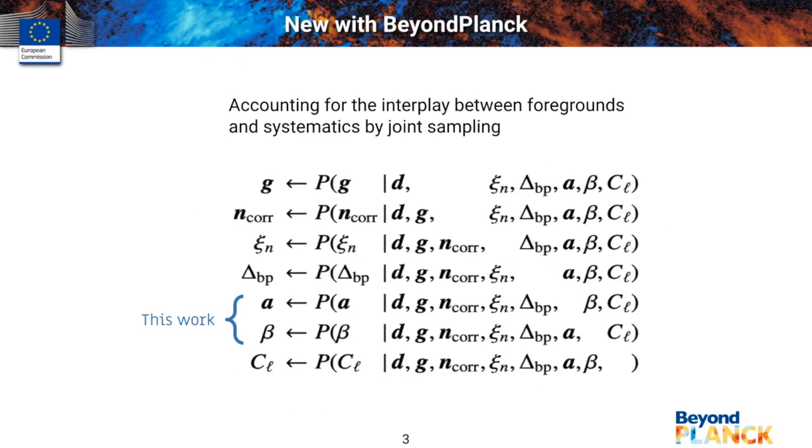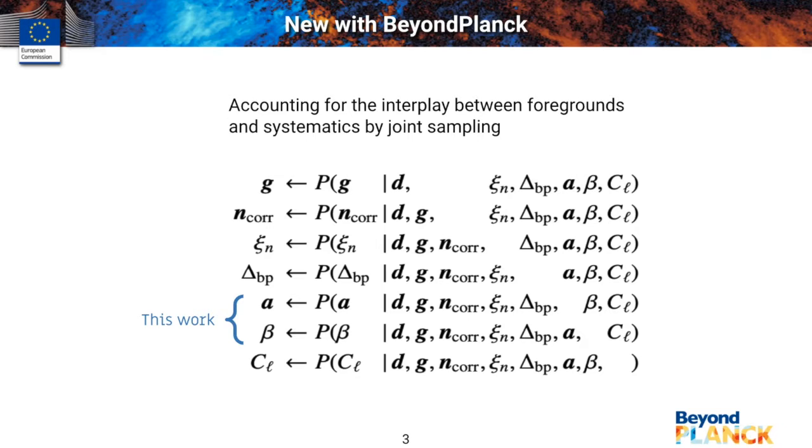Okay, so a more mathematical representation of the analysis, which Matthew already showed, you can see here. And in our analysis, we have billions of free parameters that we wish to sample for the full system. And sampling directly from the posterior distribution is simply impossible.